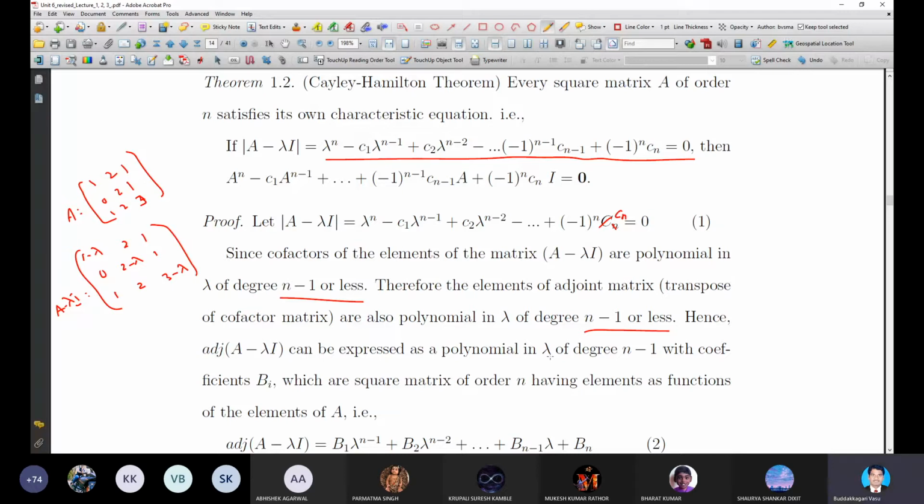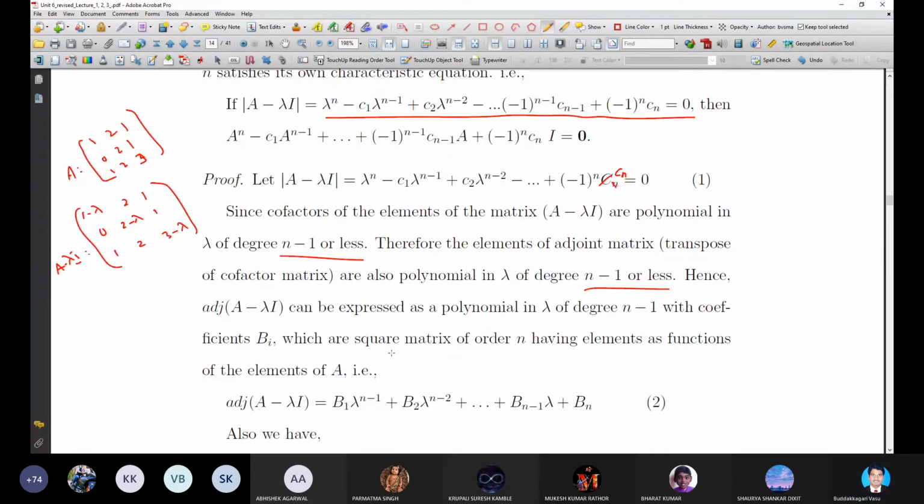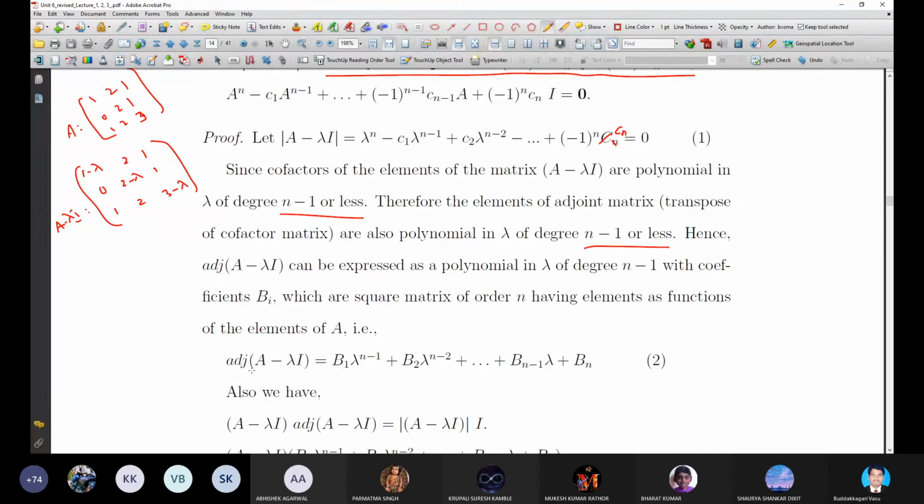So that is expressed in the given equation 2: the adjoint of A minus lambda I is a matrix polynomial in lambda of degree n minus 1. Okay, right? Yes, sir. Have you understood this step? Because this is the key step for proving the Cayley-Hamilton theorem.